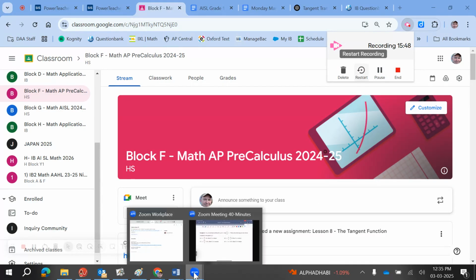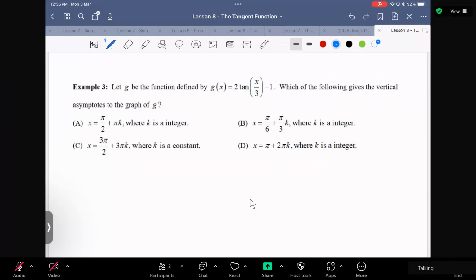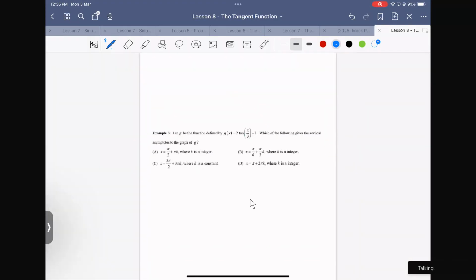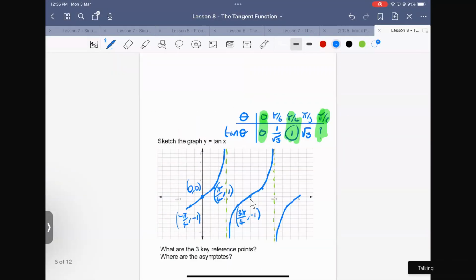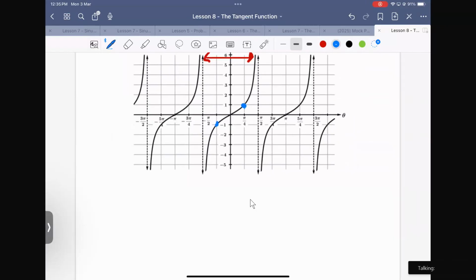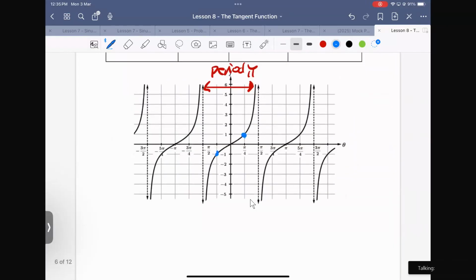All right, so what we're looking at on this one is how can you define the vertical asymptotes. Just coming back to the original function, we can put up one like this for the original function for the vertical asymptotes. What is the period of the function in standard form? It's going to be pi.